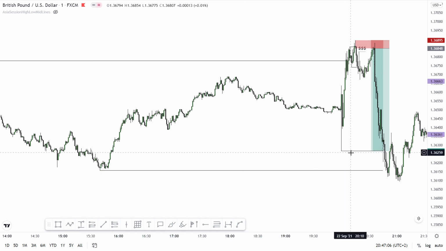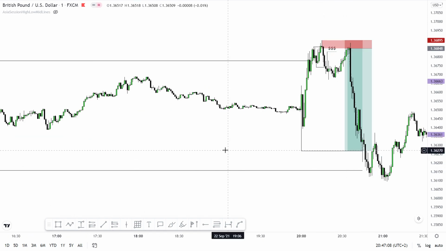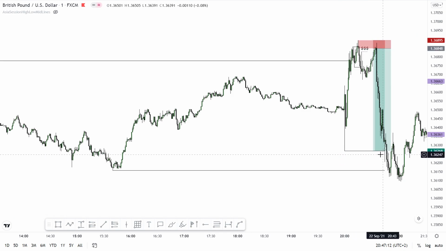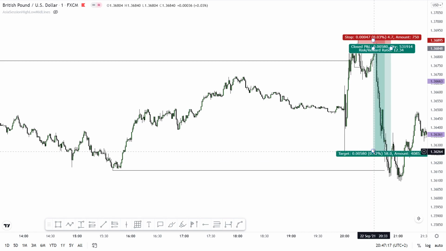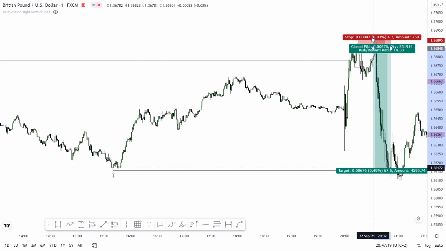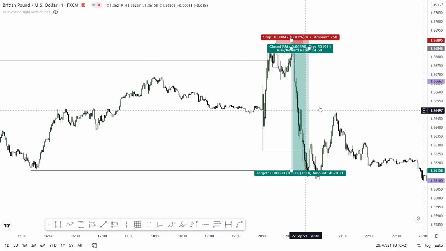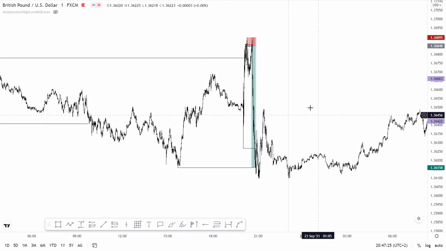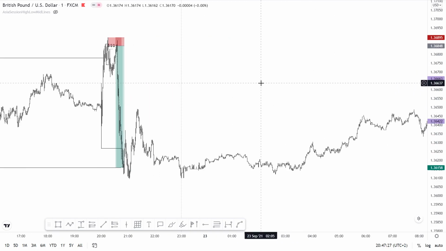So below this FOMC low was my target, and I think I did take off my full position below this low, and then from here my last target was here. From there it just consolidated a bit and then made the retracement.